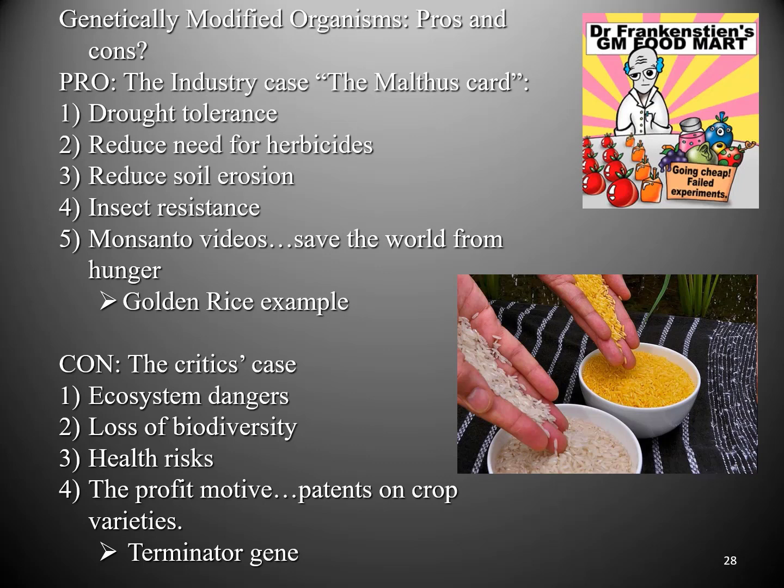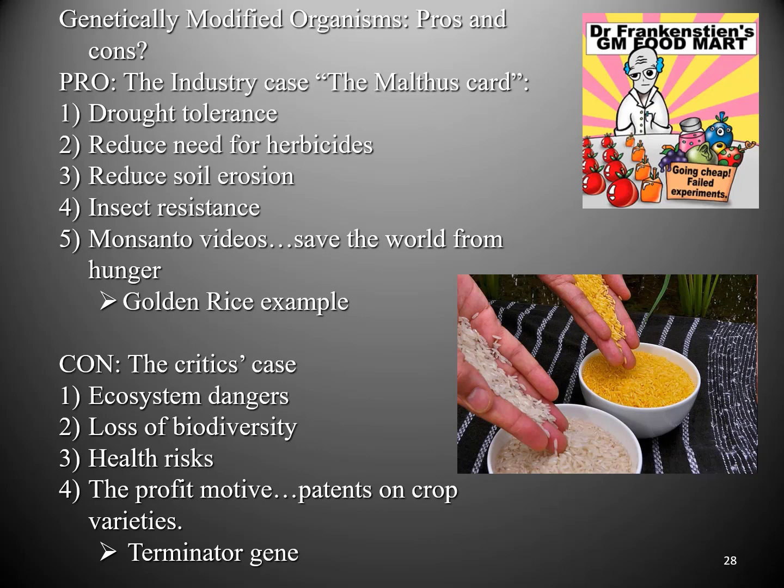That has implications for the environment. Also, loss of biodiversity. GMOs might outcompete other species in the natural ecosystem. Furthermore, by monocropping, you're inherently simplifying the ecosystem, making it less resilient. There's health risks potentially. Again, not a lot of research has been done.